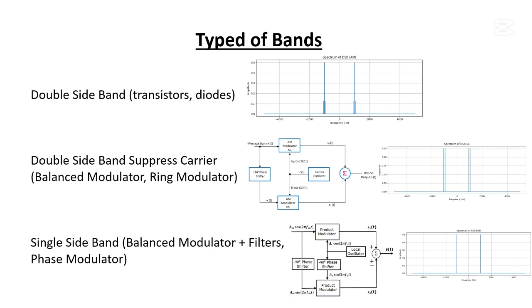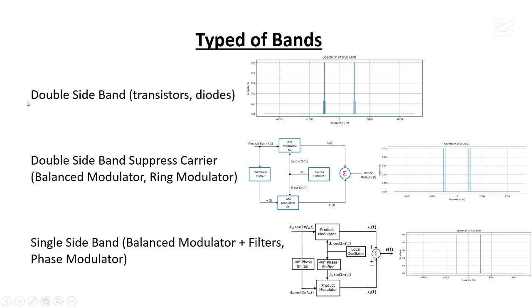If we keep one sideband, upper or lower is your choice, and suppress the other sideband, then we will have a single sideband. If our modulated signal has a single sideband, then it is called a single sideband modulated signal. I hope you got that.